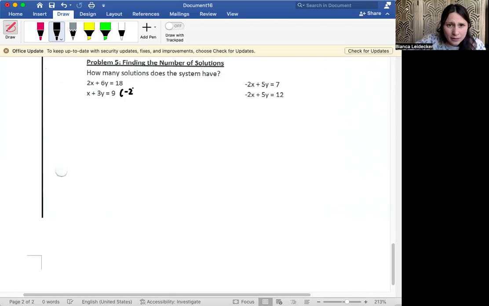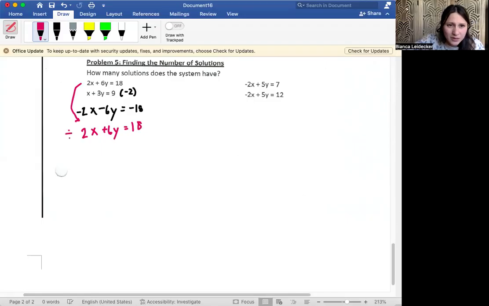So if I multiply everything by -2, the equation becomes -2x minus 6y equals -18. And then I'm going to bring down the one that I didn't change, 2x plus 6y equals 18.